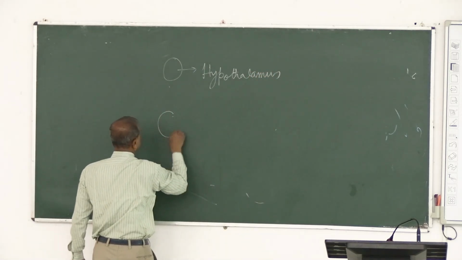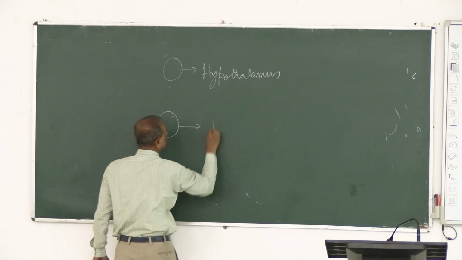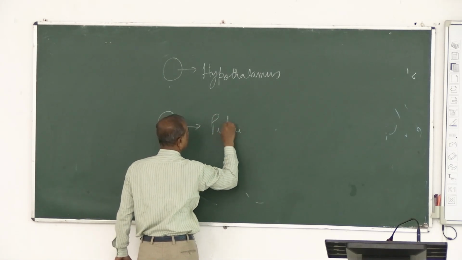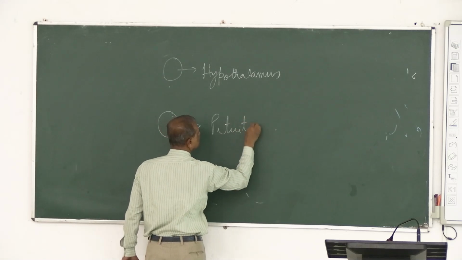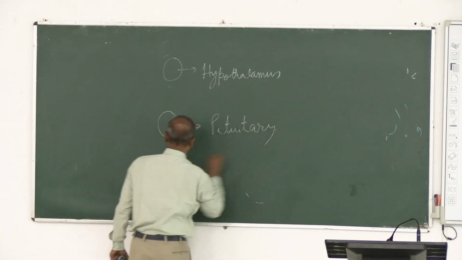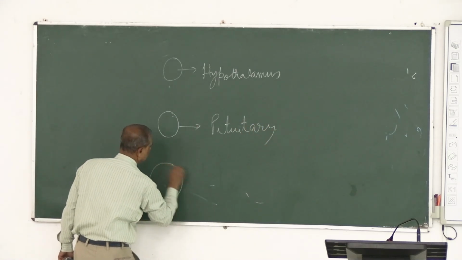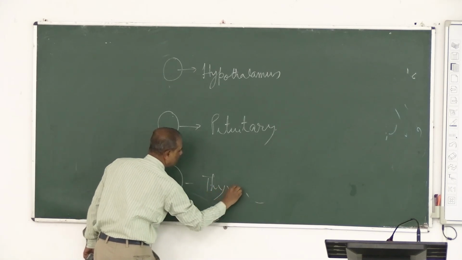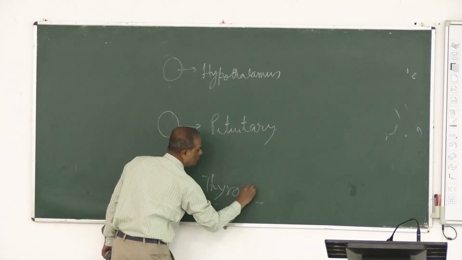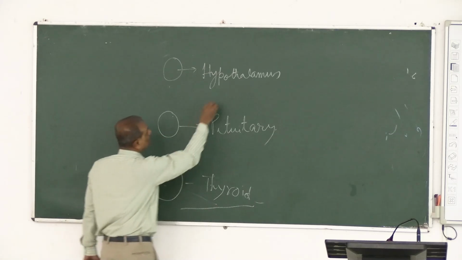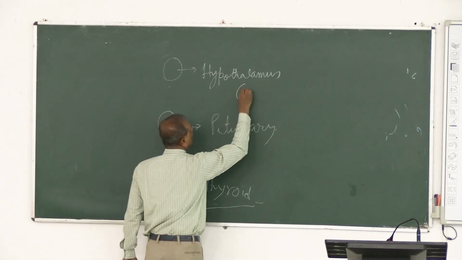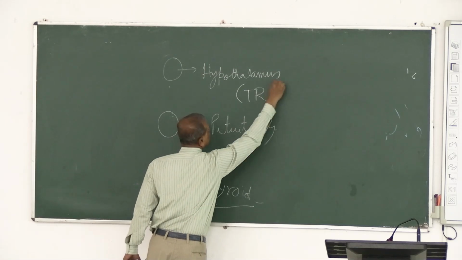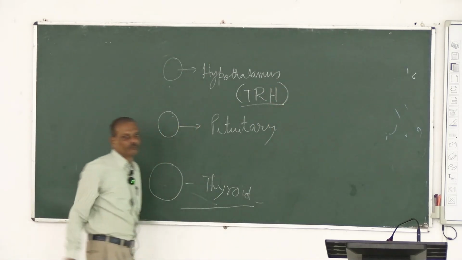And then thyroid. Normally, from the hypothalamus, TRH, thyroid releasing hormone, is produced.